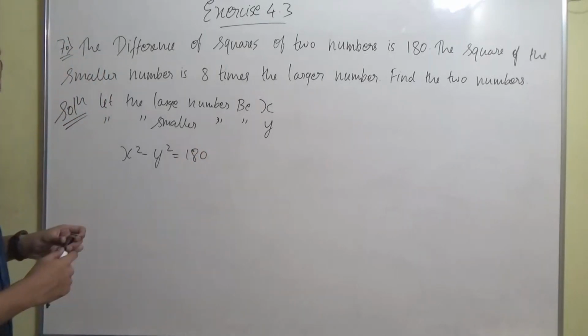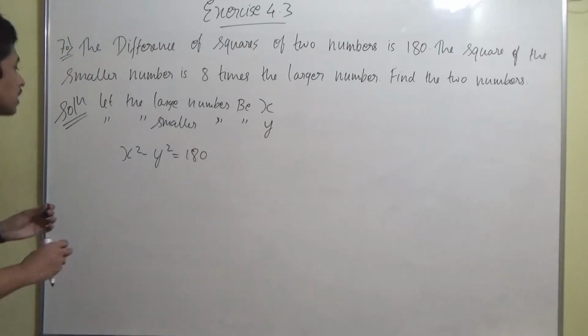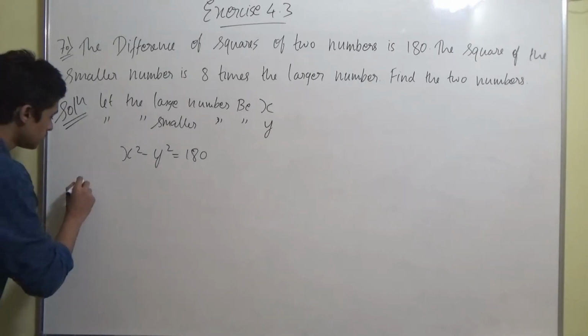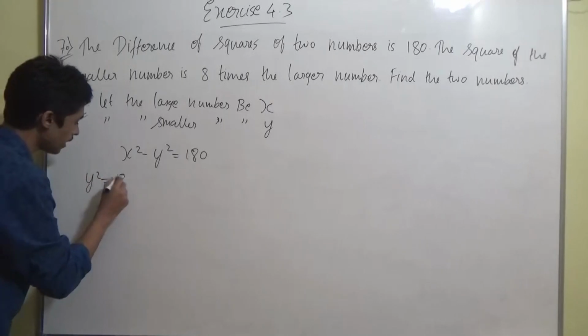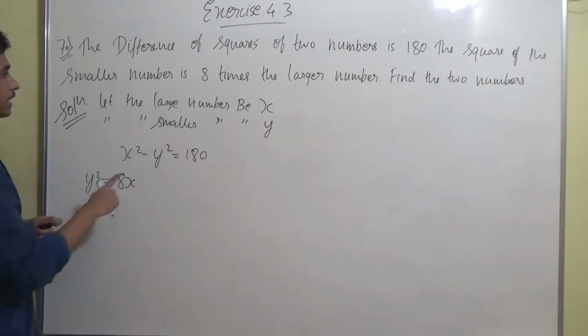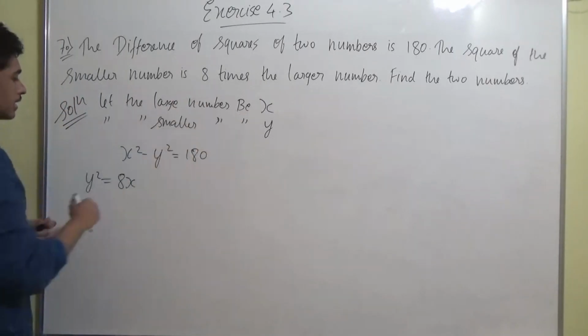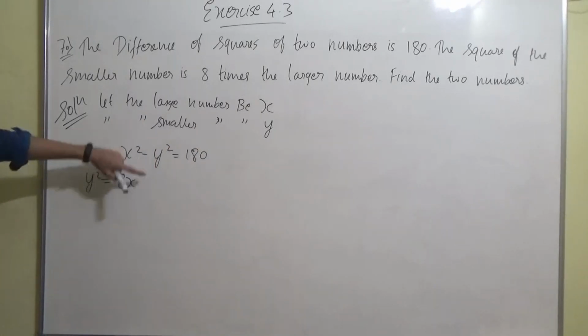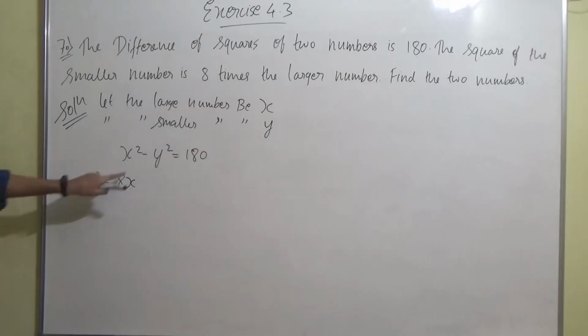Getting it? The square of the smaller number is 8 times the larger number. They are also saying that the square of the smaller number, that is y square, is equal to 8x. The larger number is x, so y square is also equal to 8x.